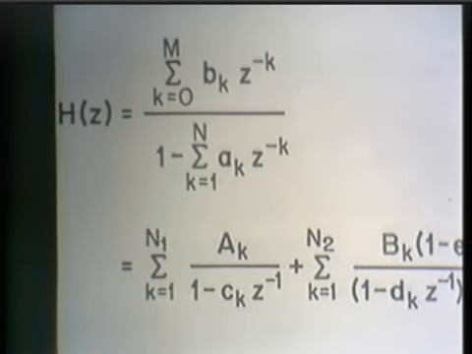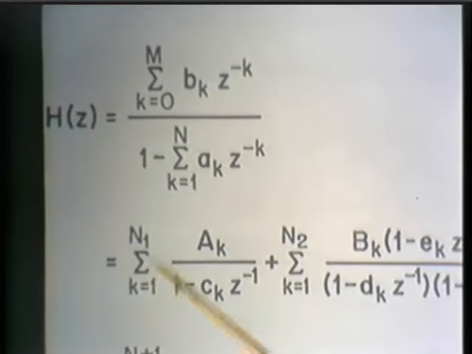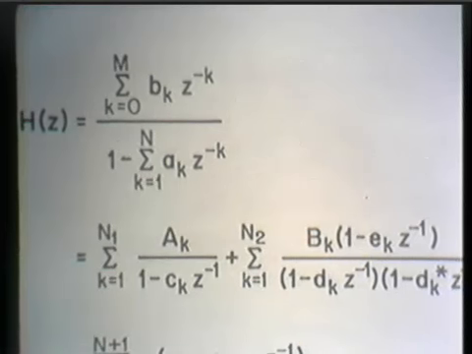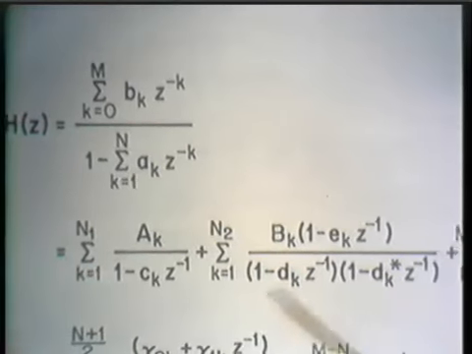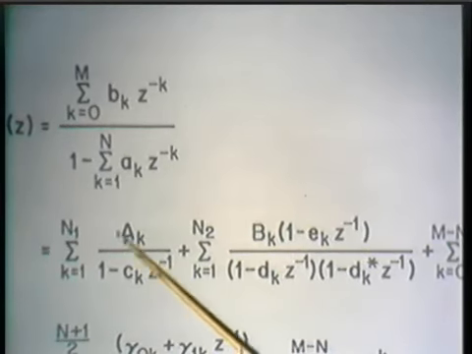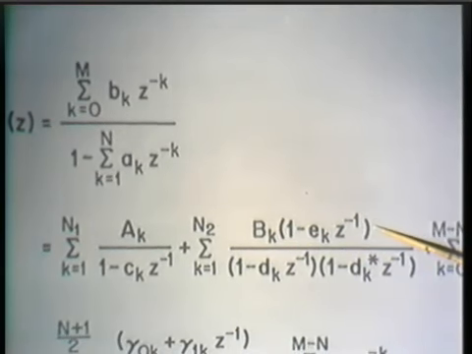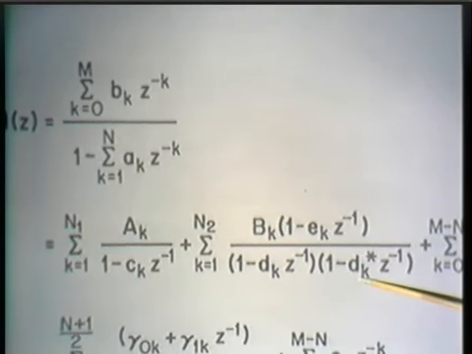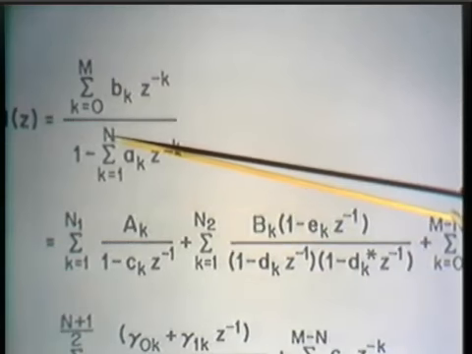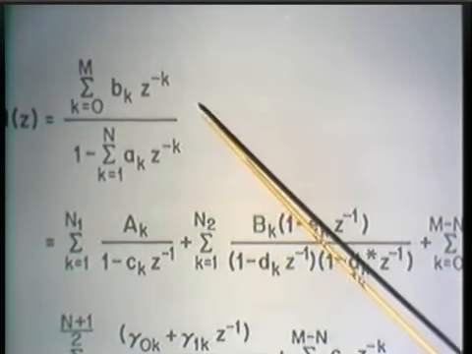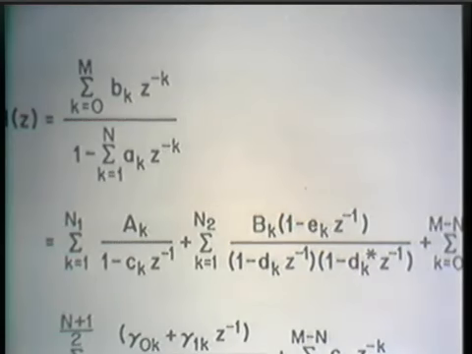Or in general, since the poles are complex, we can imagine factoring this in terms of first-order terms corresponding to the real poles, and then second-order terms where we combine together first-order terms which are complex conjugates so that we have second-order terms of this form. If capital M is less than capital N, those are the only two kinds of terms that would result in a partial fraction expansion.